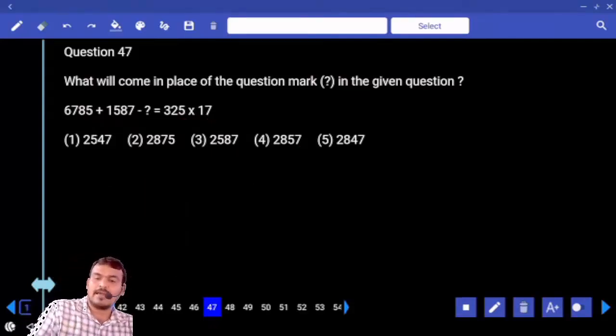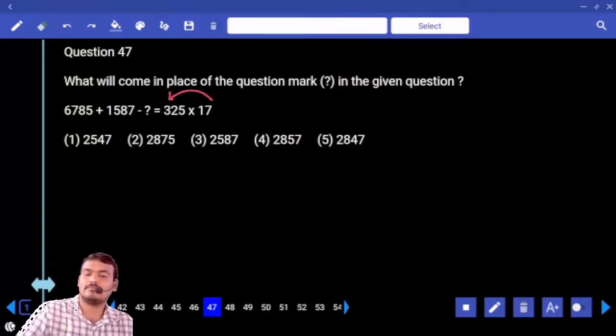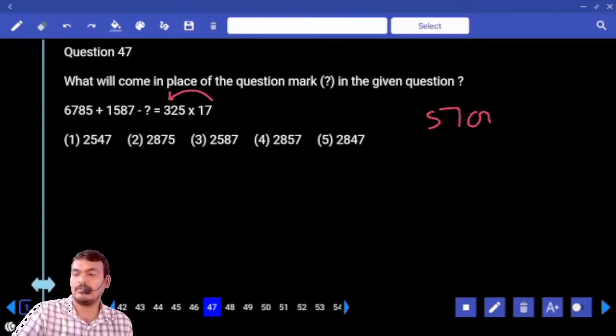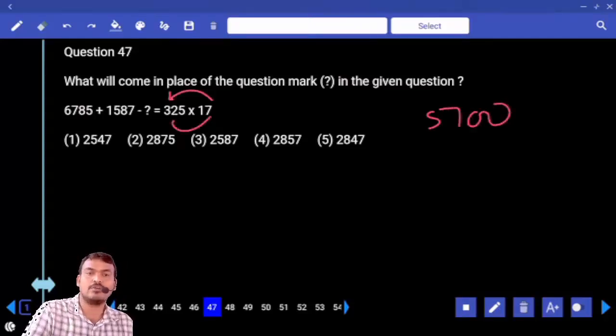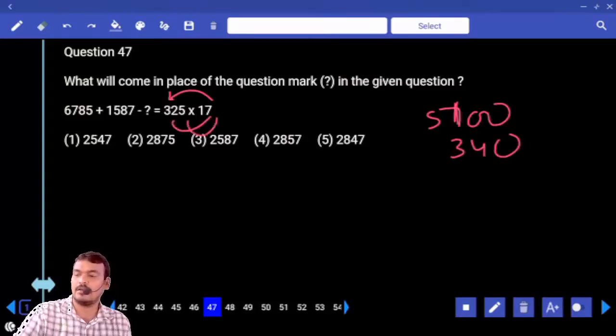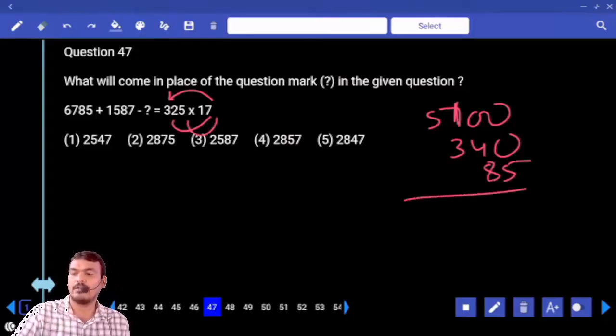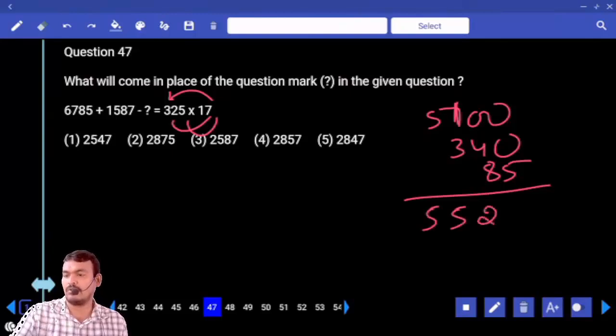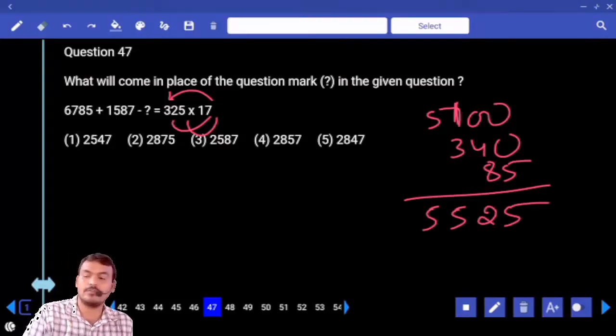First right hand side value 17 into 325 or not? 17 300, 5100. 17 20s, 340. It is 5100. Next 17 5s are 85. Total it is 5525.